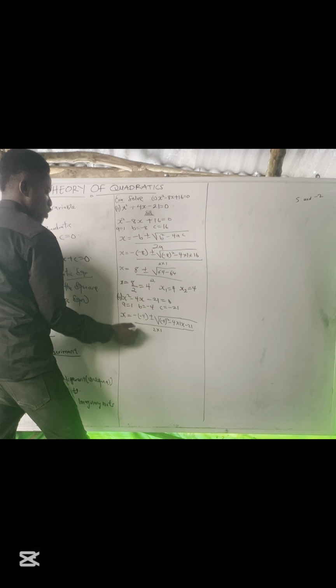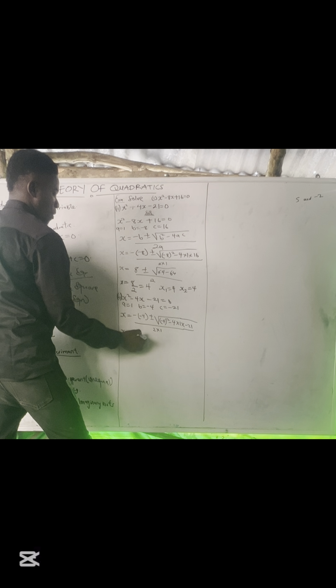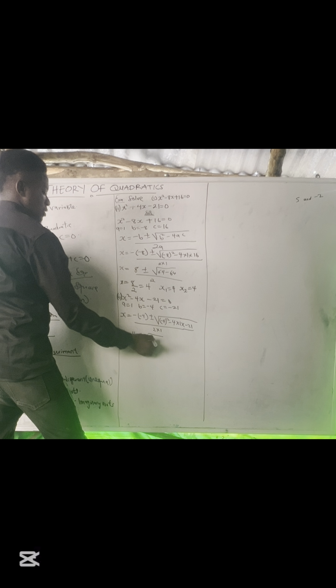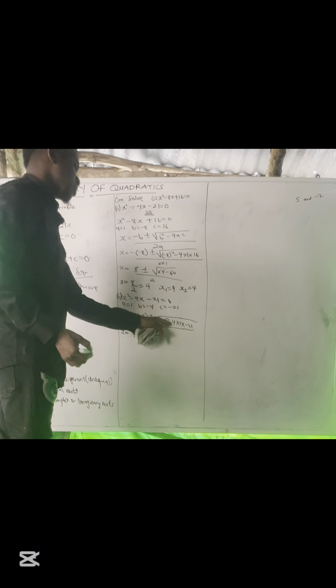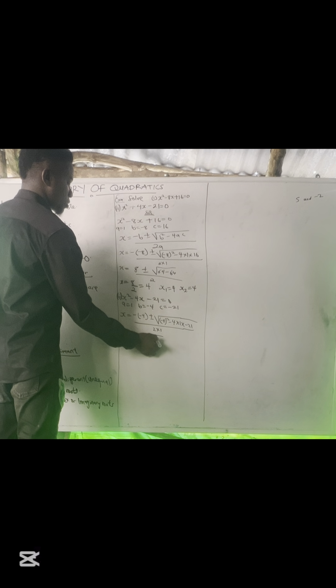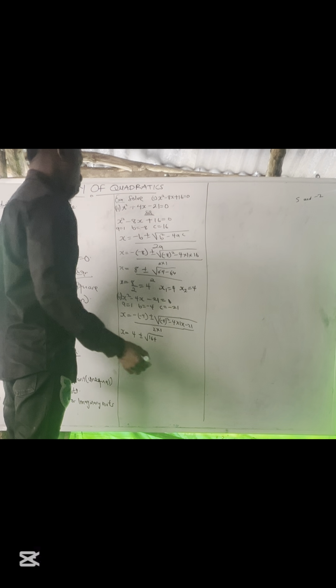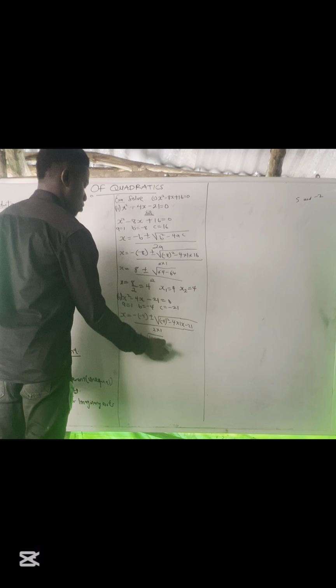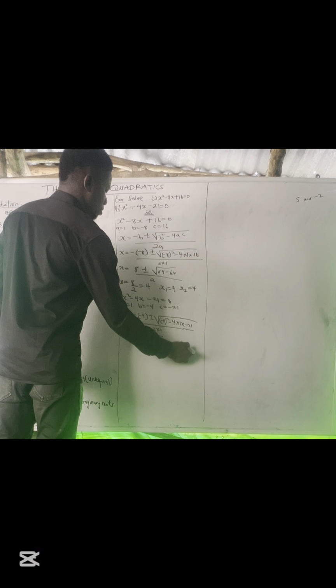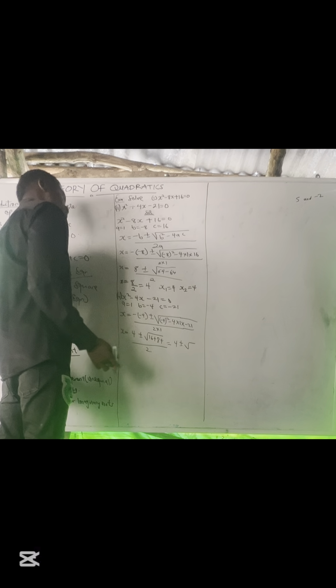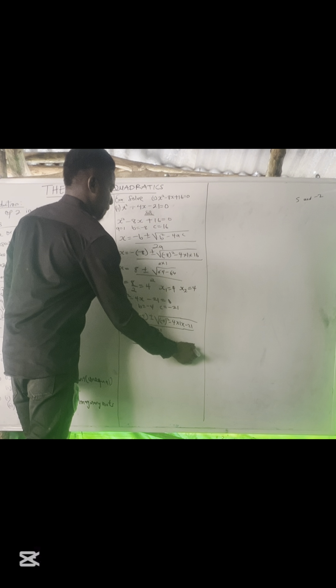Then x is equal to minus times minus is plus, that is 4 plus or minus square root 4 squared is 16, then minus times minus is plus 4 times 21, that is 84, all over 2. This equals 4 plus or minus root 16 plus 84, that is 100, all over 2.